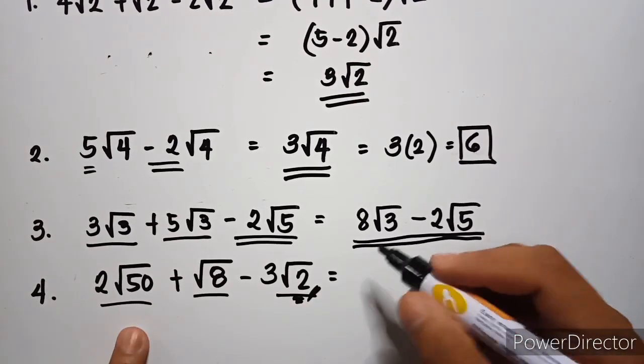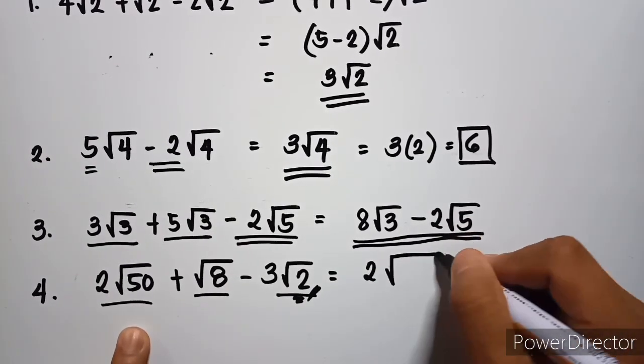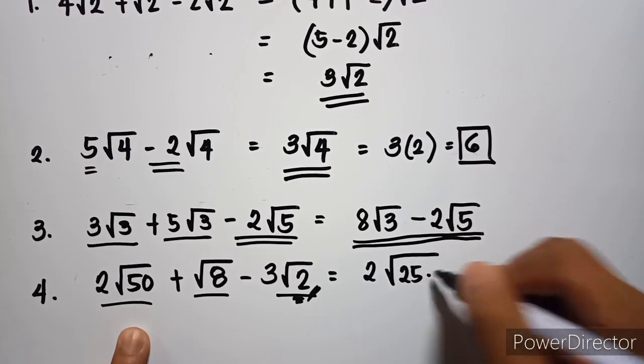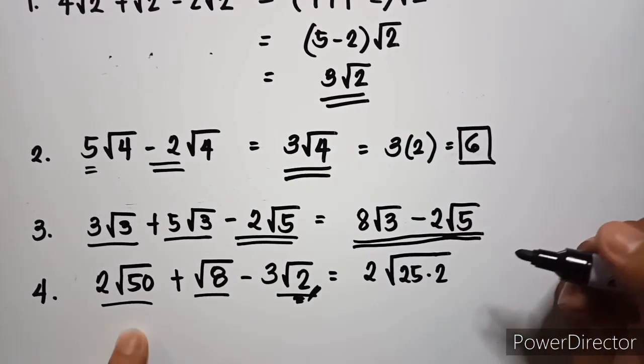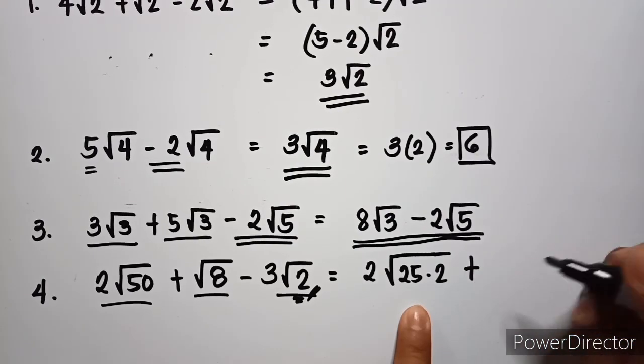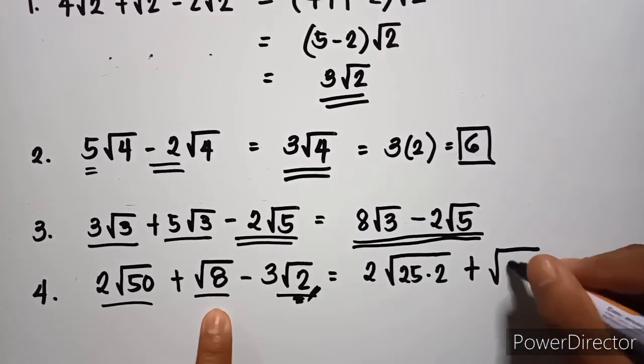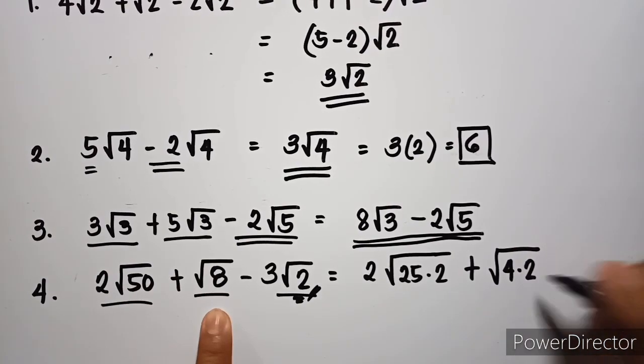So, halimbawa, yung 50. Yung 50 ay magiging 2 square root of 25 times 2. Bakit? Kasi yung 25 ay perfect square. Then plus, we have square root of 8, magiging 4 times 2.